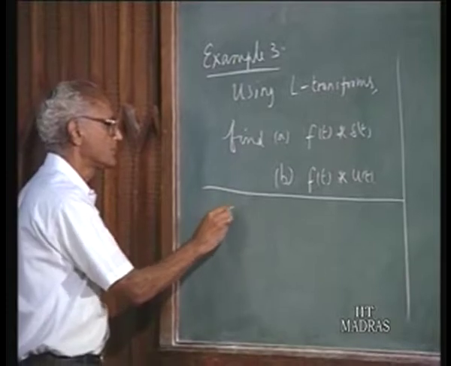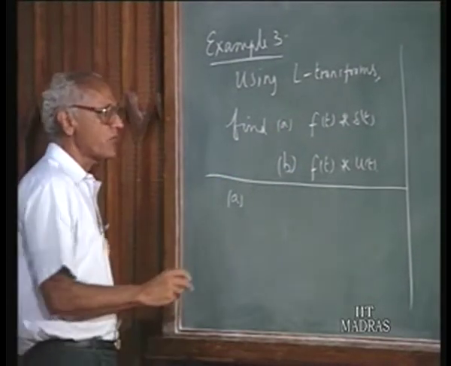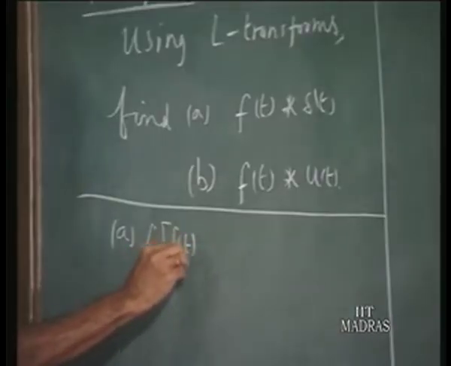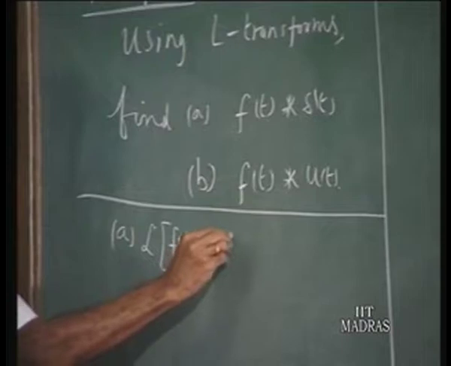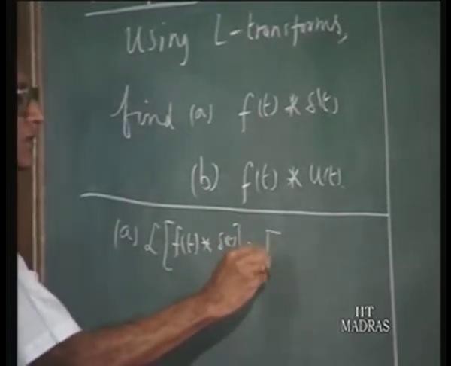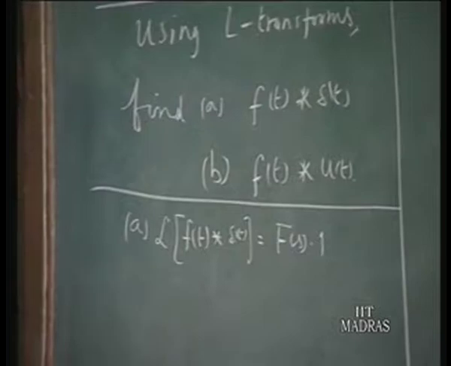So, (a), we know that the Laplace transform of f(t) convolved with delta(t) is the product of the Laplace transforms of the two individual functions. This is F(s) multiplied by 1, since the Laplace transform of delta(t) is 1.